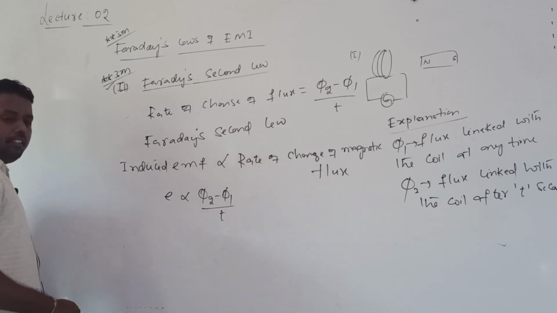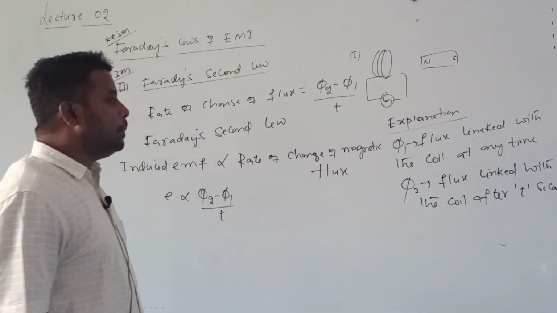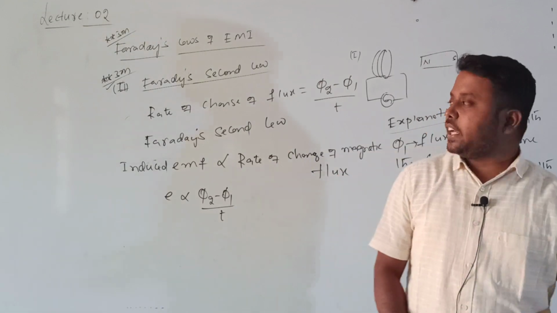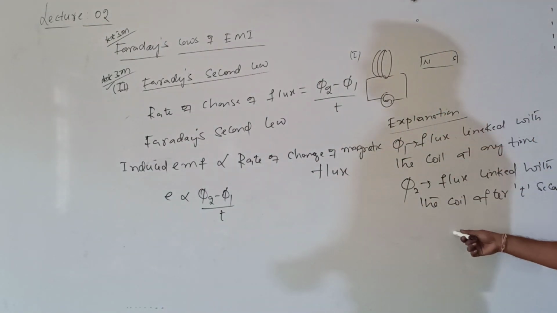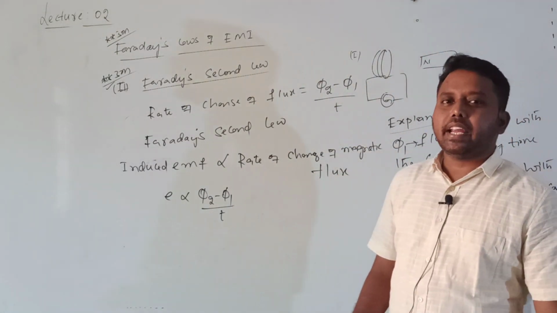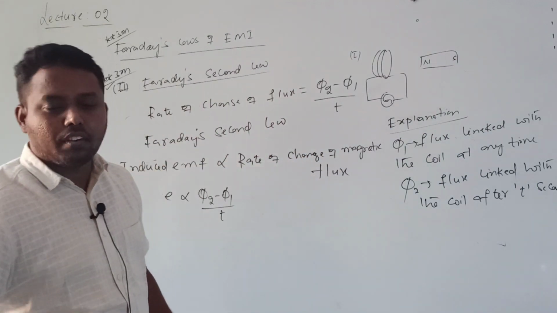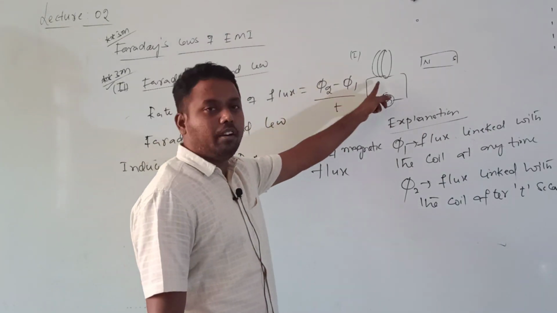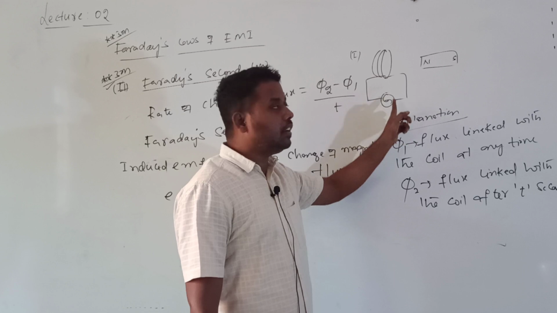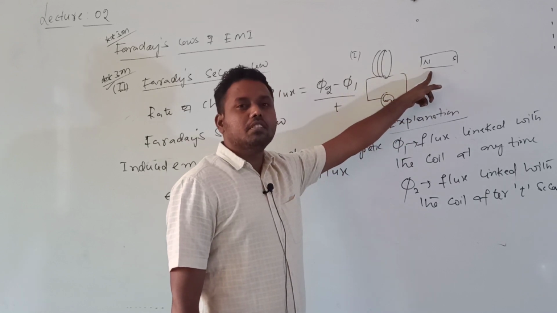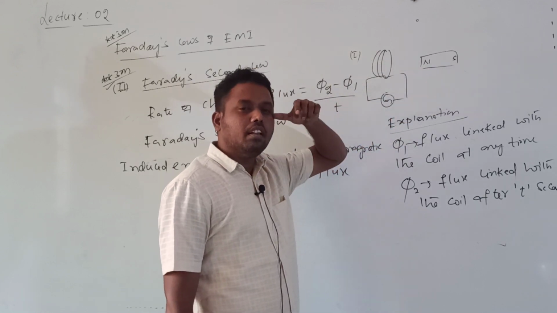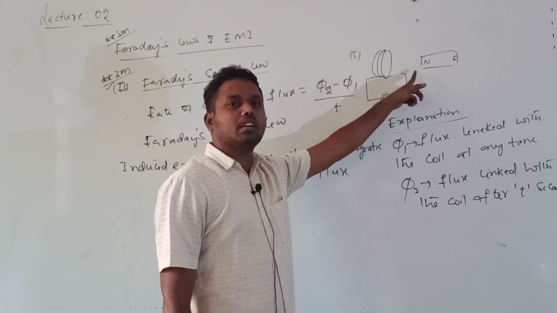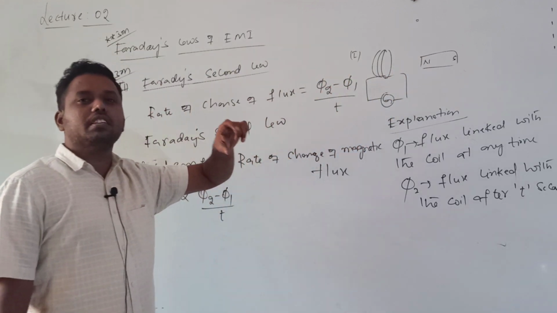Okay? So this phi 2 minus phi 1 is what I wrote for explanation. If they ask to explain Faraday's second law, let us consider a coil connected to a galvanometer and a bar magnet moving towards the coil. If the bar magnet is moving slowly towards the coil, the deflection is small.